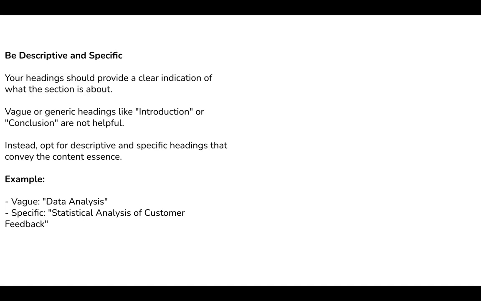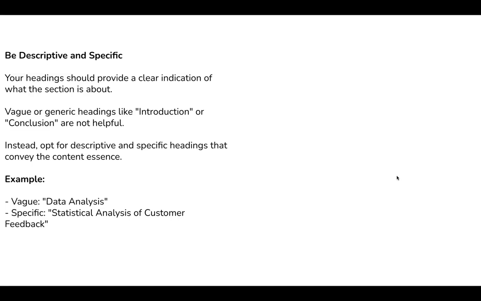Right. So instead, you should opt for descriptive and specific headings that convey the content's essence. For example, just saying data analysis does not really convey what you're trying to talk about in that section, right? But if you are specific, for example, statistical analysis of customer feedback, people are going to know that, okay, we're talking about the analysis of customer feedback in this section.